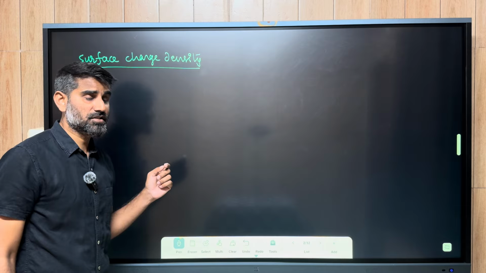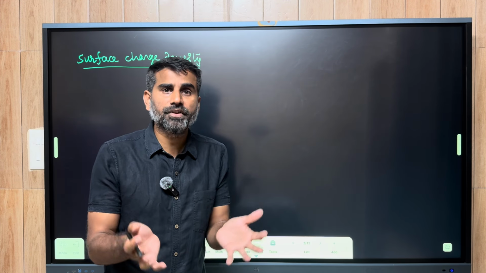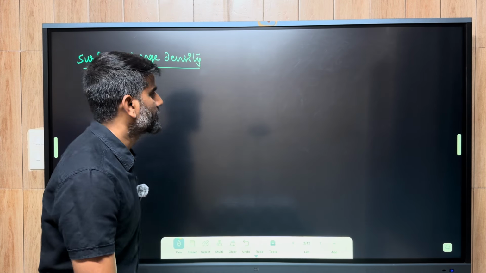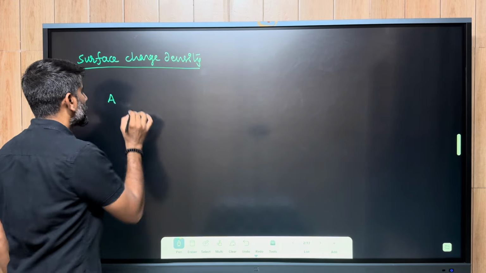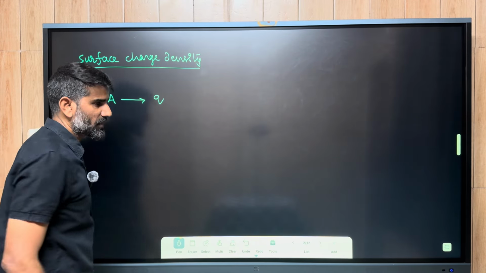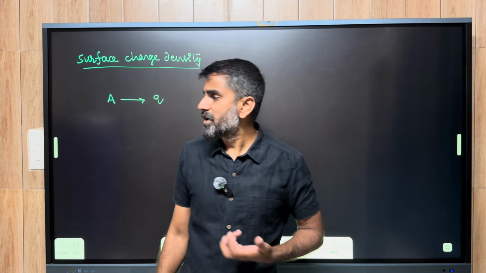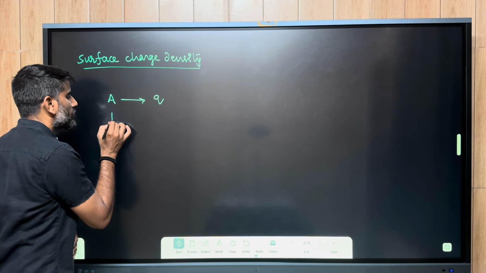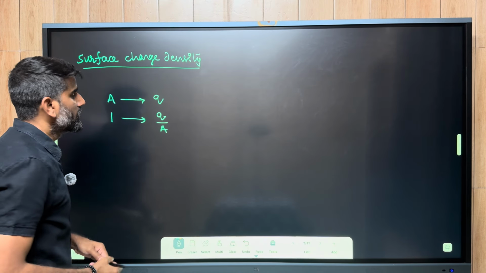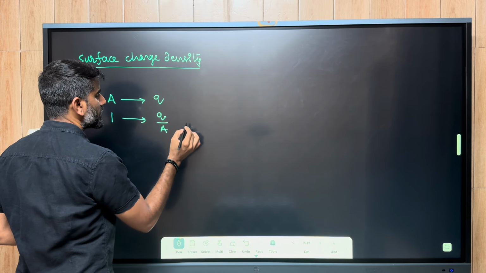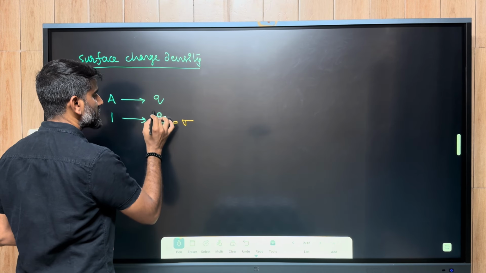Actually, when it comes to surface charge density, we look at the charges distributed over the surface of the bodies. If you take any object of surface area A, and the amount of charge distributed is Q, then the amount of charge distributed per unit surface area is Q by A. This Q by A is nothing but surface charge density sigma.